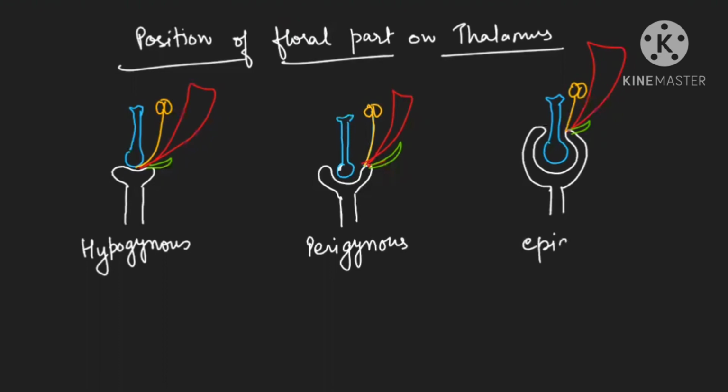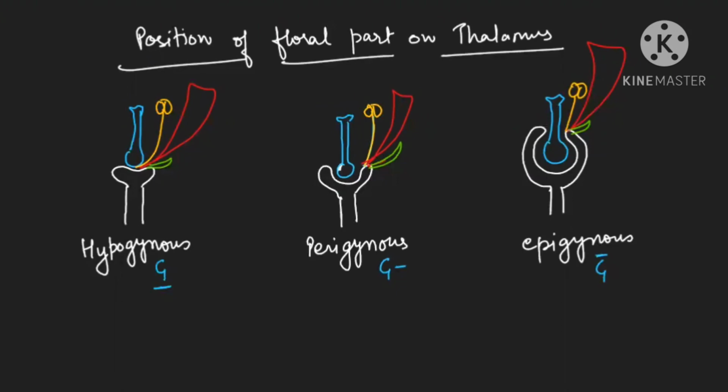Above means epi, so epigynous. Hypogynous is represented by this diagram. Perigynous means around, so we write it this way. Epigynous is represented this way.